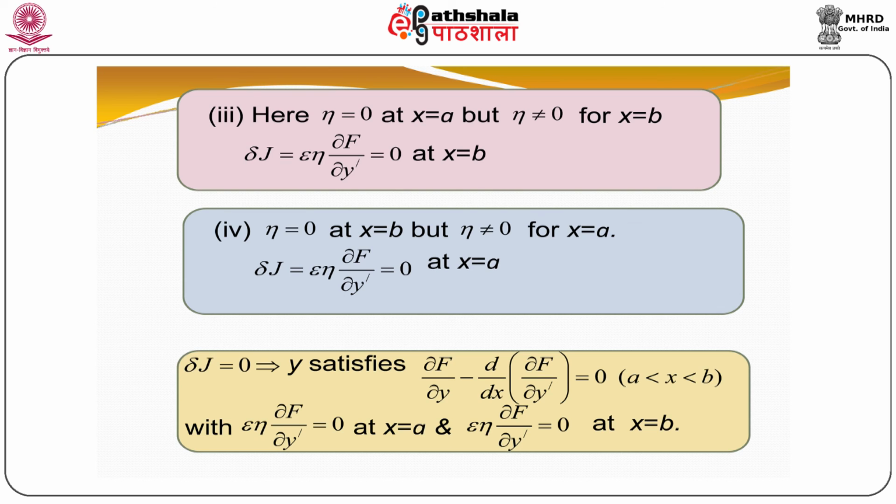Hence, in the 4 cases we found that delta J equal to 0, which gives that small y satisfies the Euler Lagrange equation, which is given by this one, that is the first order partial derivative of capital F with respect to small y minus d dx of the first order partial derivative of capital F with respect to small y dash equal to 0 for a less than x less than b, with the conditions epsilon eta del y dash operated on capital F equal to 0 at x equal to a and epsilon eta into del y dash operated on capital F equal to 0 at x equal to b.